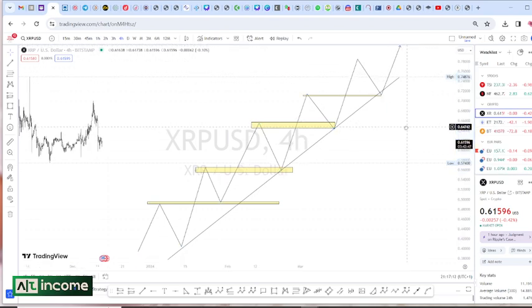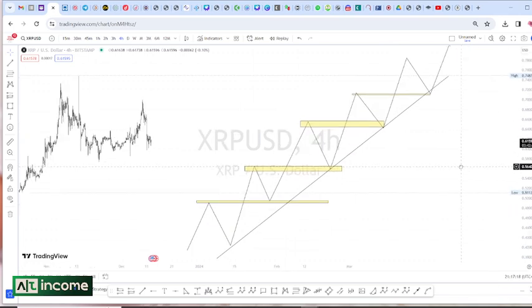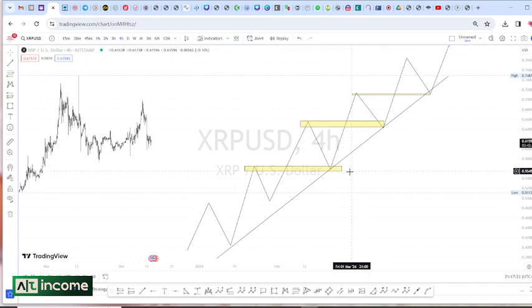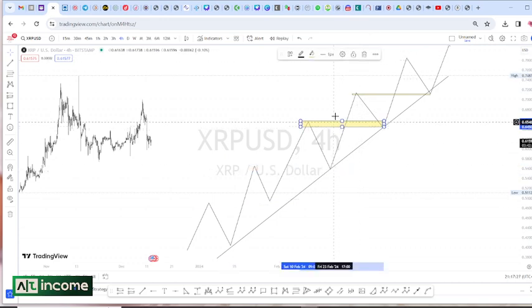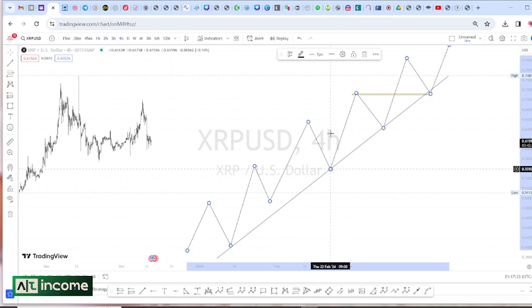More than 10 trades where this showed up, and all of them moved in massive profit. Now you can see this. Here we can call it a trend line, like I said, and we can also call it a dynamic support. Support in the sense that this is what is supporting the price. Price got to this place, it pushed up. Price came back to that region, it pushed up. Price comes to this place, it pushed up.